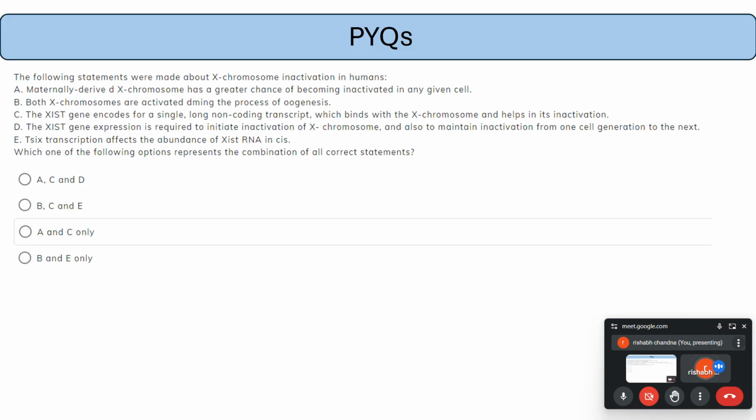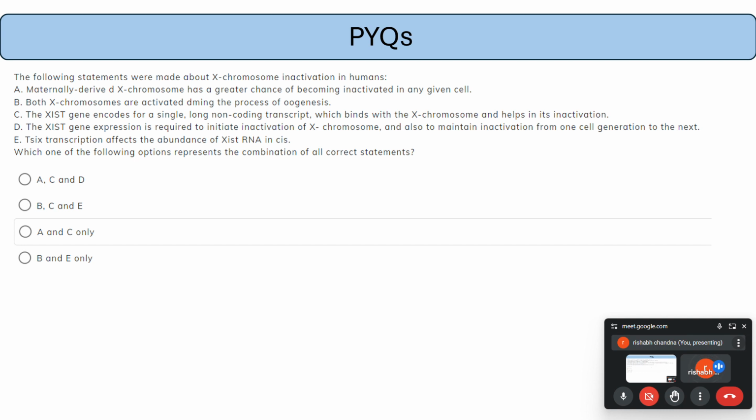the first question. The following statements were made about X chromosome inactivation in humans. So there are statements given. One: maternally derived X chromosome has a greater chance of becoming inactivated in any given cell. Two: Both X chromosomes are activated, denying the process of oogenesis. Three: The Xist gene encodes a single non-coding transcript which binds with the X chromosome and helps in its inactivation.